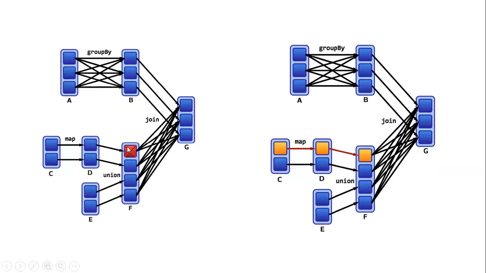One main feature of RDDs is that they have metadata, and the directed acyclic graph, DAG, is part of the metadata of each RDD. So from the metadata of this RDD, you find the DAG operation that resulted in this partition. All you have to do is execute just that DAG.